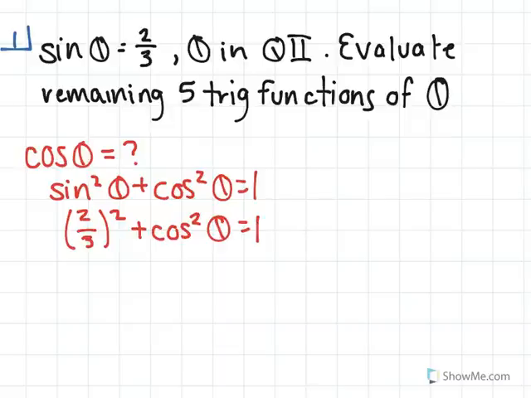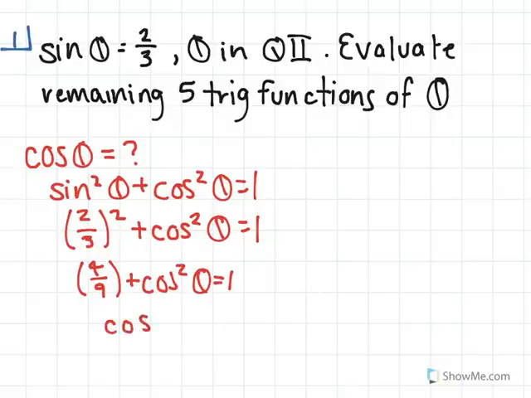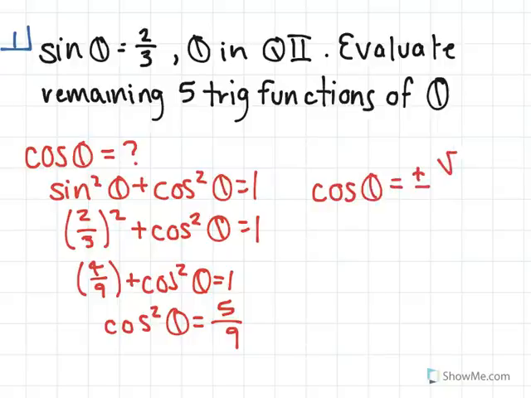Now we can solve for cosine. 4/9 plus cosine squared theta equals 1. Cosine squared theta equals 1 minus 4/9, which is 5/9. So cosine theta would be positive or negative root 5 over 3.